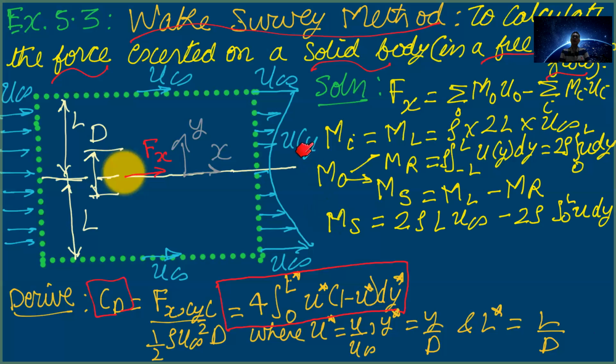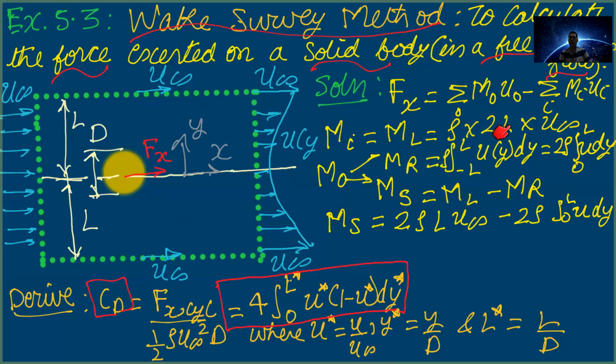So with this, I have shown you the mass flow rate. Now to calculate the momentum flow rate, we have to multiply it by the velocity in the x direction. For the left wall you have u infinity, so you multiply by u infinity.